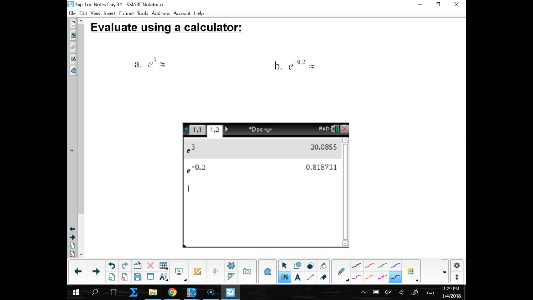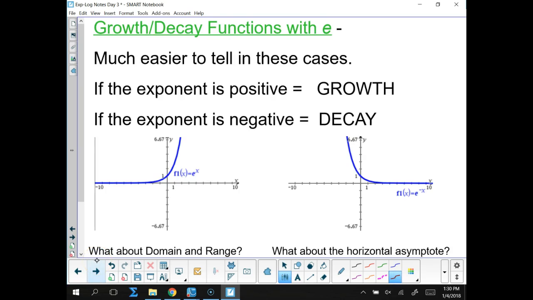Is it on there at 3 decimal places? Yeah. Okay, 3 decimal places. So this one would be about 20.086, and this one would be 0.819 if we were giving it on the homework. Okay, rounded. But really, there's more to go along with it.